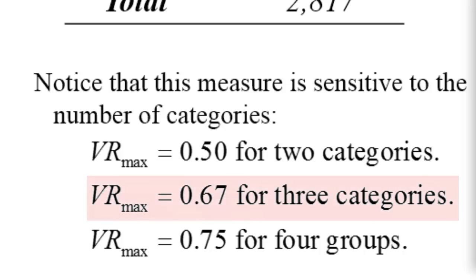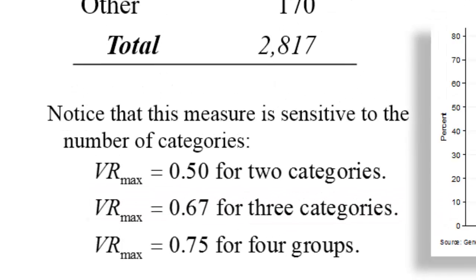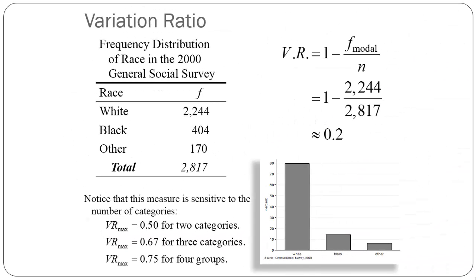If we have these three categories, white, black, and other, then the maximum diversity would be to have about 33 1/3% of the sample being white, 33 1/3 being black, and 33 1/3 being in the other category. That would give us a perfect variation ratio of about 0.67. We observe a value of 0.2, which is obviously smaller than complete diversity, and so therefore we again get a sense that this is a relatively homogeneous distribution.